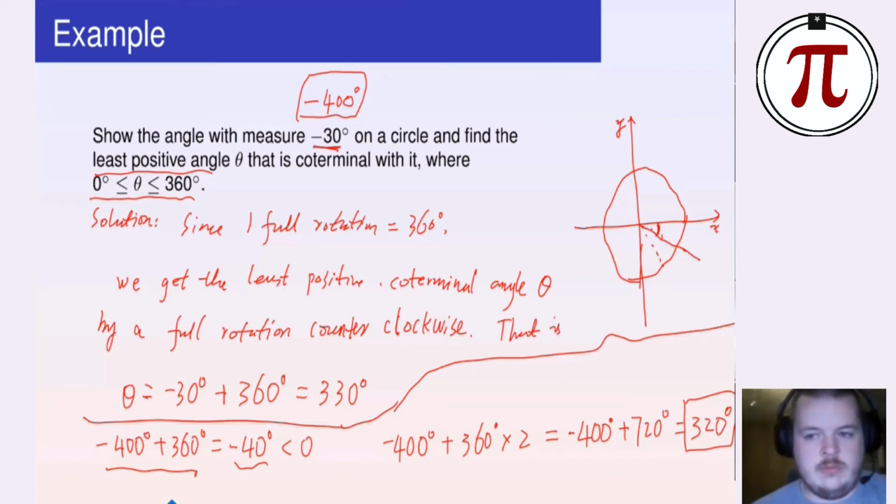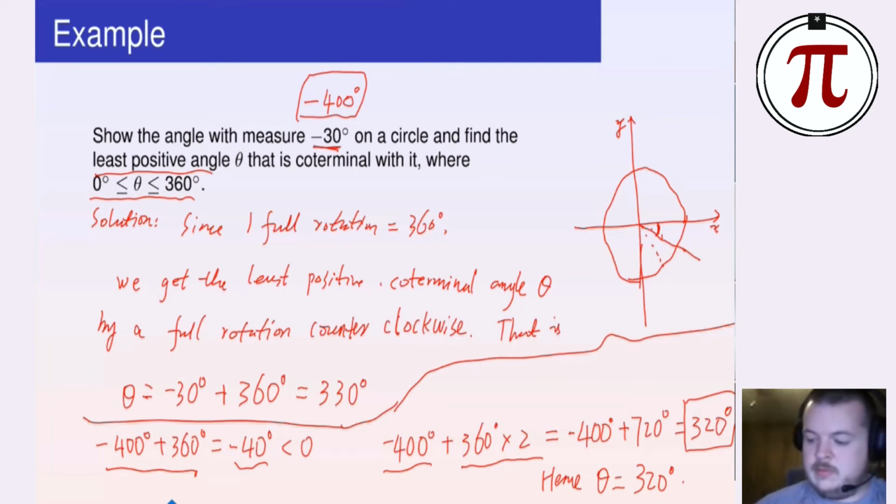So we do negative 400 plus 2 full rotations, 360 times 2, which gives us 320. Now 320 is between 0 and 360, so hence theta equals 320.